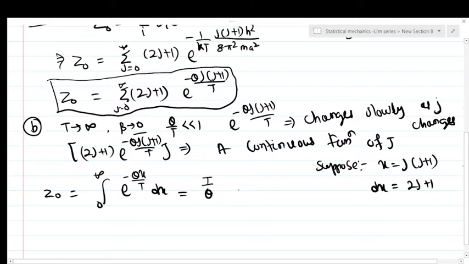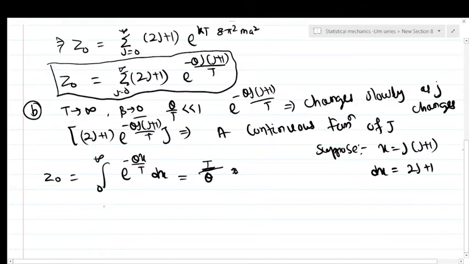If you put the value of theta, the partition function will be T by theta, that is 8 pi squared m a squared k T by h squared.